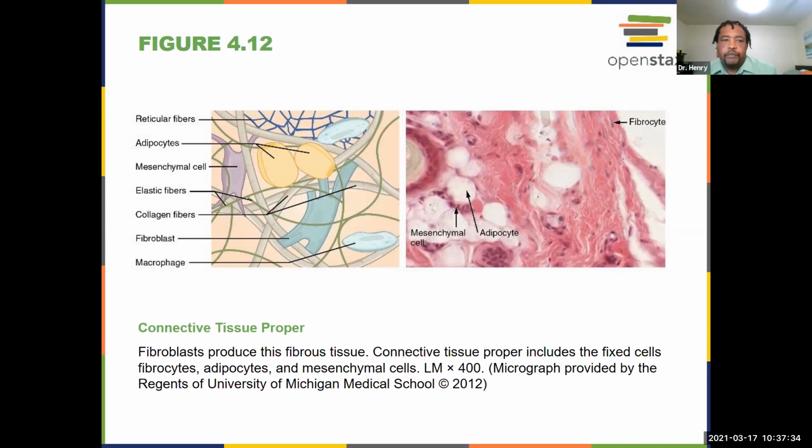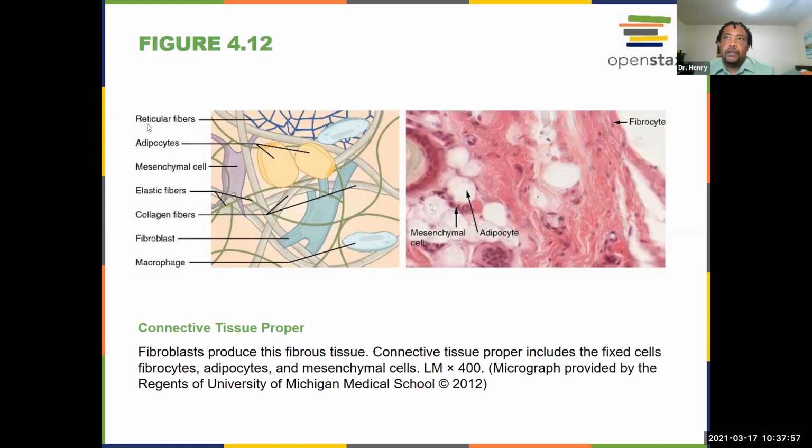Okay, so back to the grind here. We have connective tissue, right? This is basically an organization of connective tissue. You can see the adipocytes, which are like fat cells. In this case, we have a little bit of fat cells.